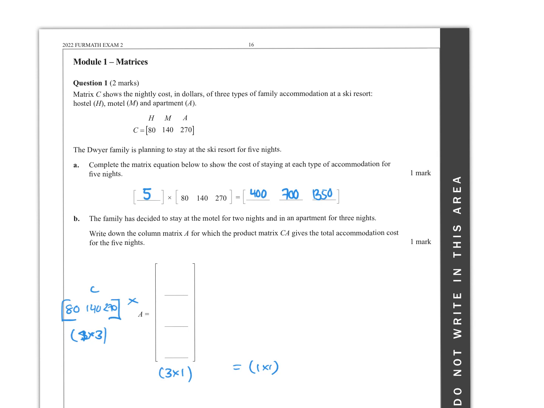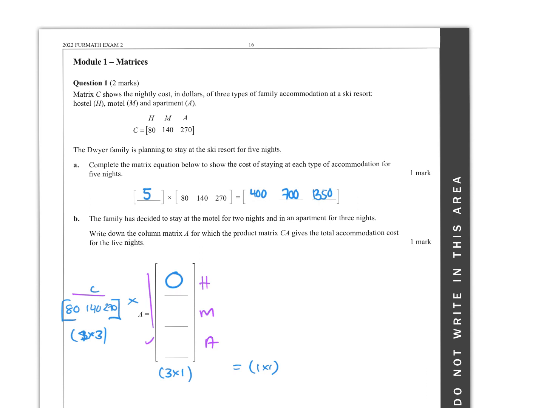So if you think about it, they're going to say 2 nights at the motel and 3 nights in an apartment. Because they don't want to stay at the hotel, I'm going to put a 0, because when you run and dive, you'd go across here and down here. Now this is going to be the hotel, motel, apartment.